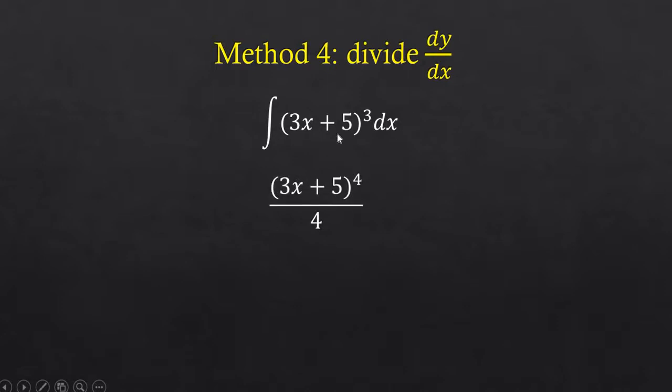We integrate directly, just as normal, so it's power 4 over 4. We treat this bracket as one unknown. Next we divide by the dy/dx of 3x plus 5. After differentiating, 3x plus 5 is 3, so it's divided by 3. So we get the same answer, divided by 12, and we add a constant c.